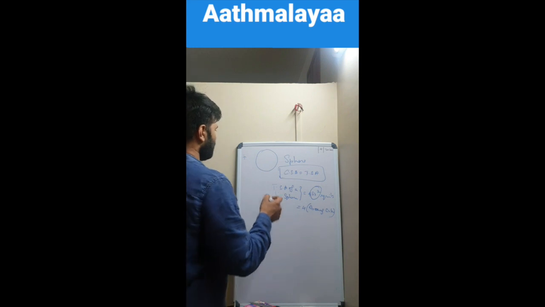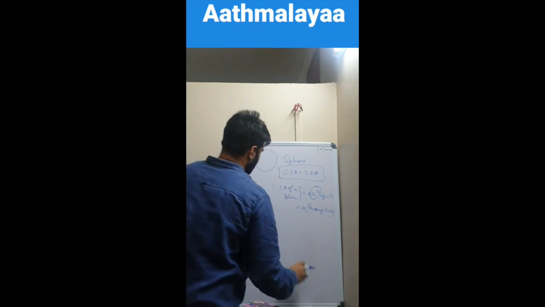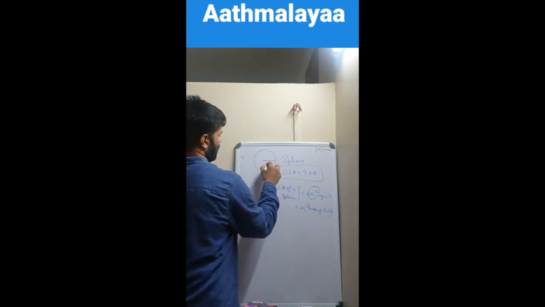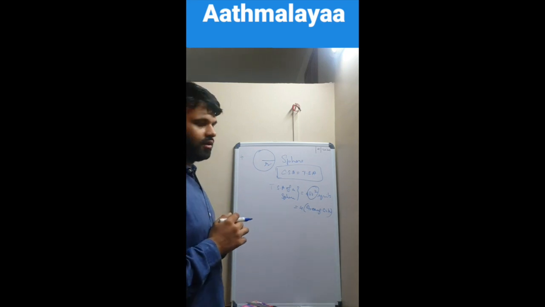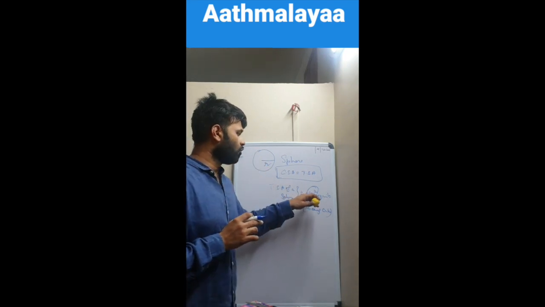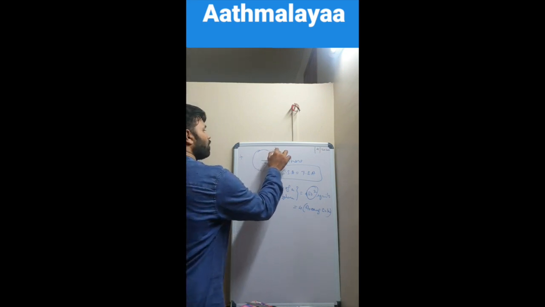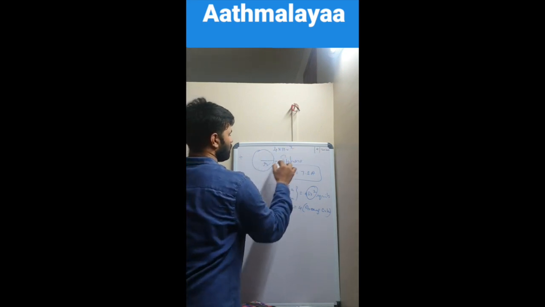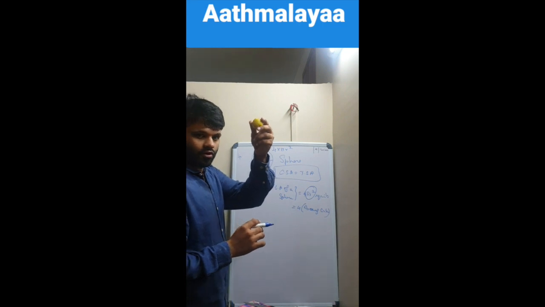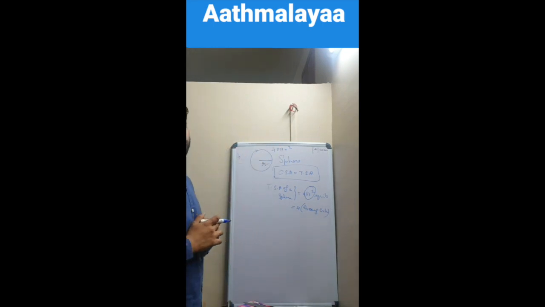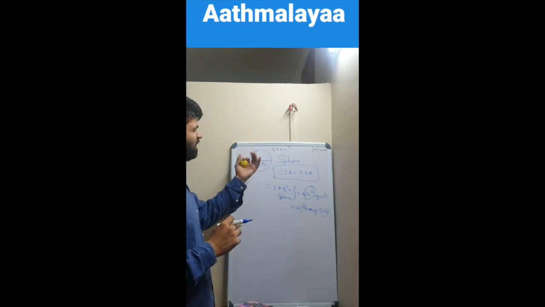Clear? Say this sphere has a radius of r. So its total surface area will be 4 pi r square. If there is a circle, 4 times its area is equal to the total surface area of this sphere. Clear? Okay, how do we derive this?